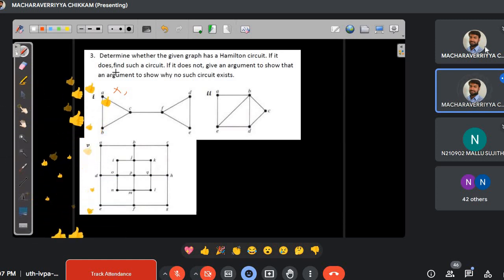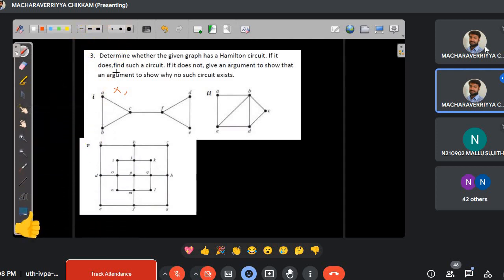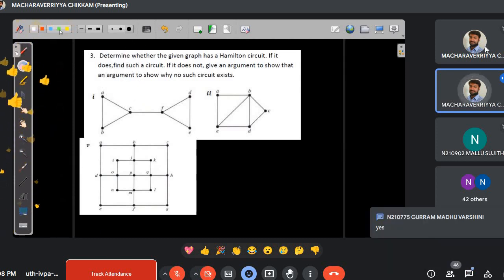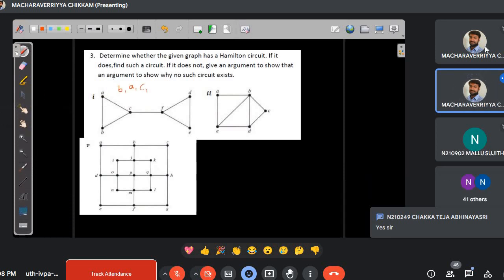Yes, it has a Hamilton path, because you can travel from B, A, C, F, D, E. So that way we can travel. It has a Hamilton path, but not a Hamilton circuit.